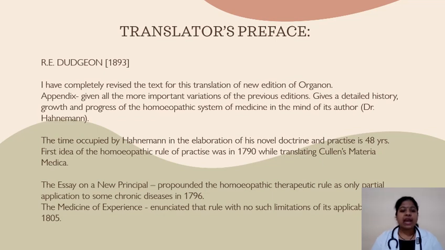The first idea of the homeopathic rule of practice was in 1790 while translating Cullen's Materia Medica. The essay on a new principle propounded the homeopathic therapeutic rule as only partially applicable to some chronic diseases in 1796. The medicine of experience enunciated that rule with no such limitations of its applicability in 1805.